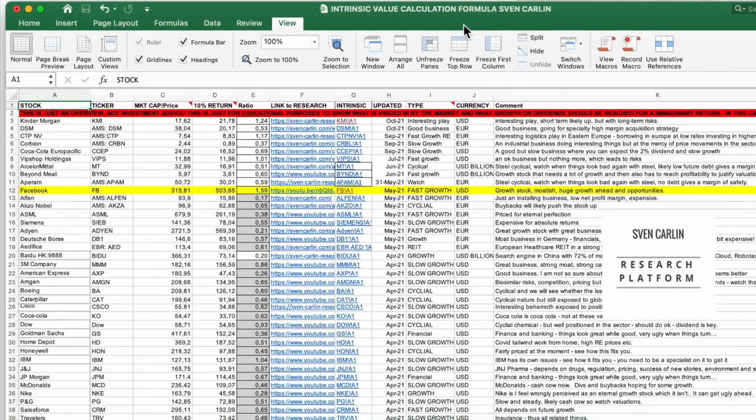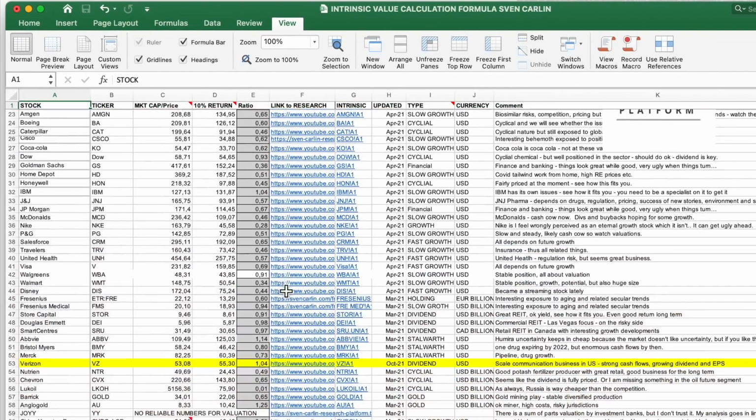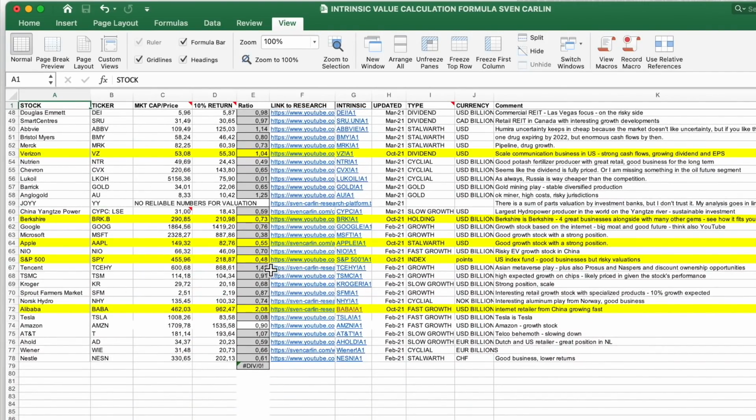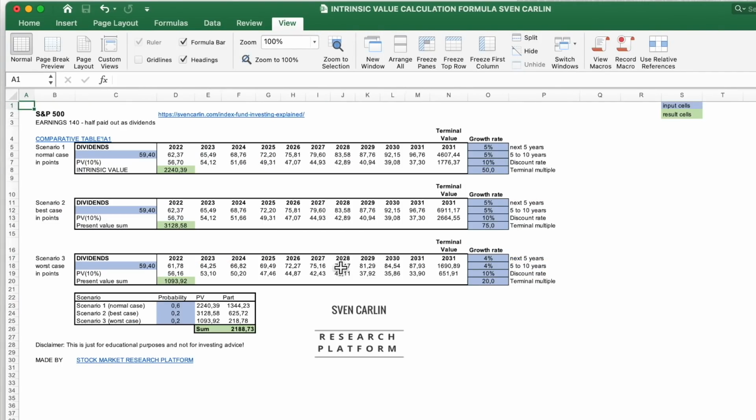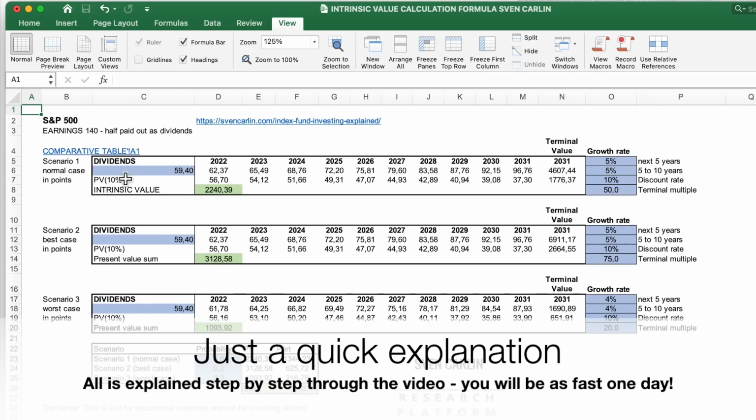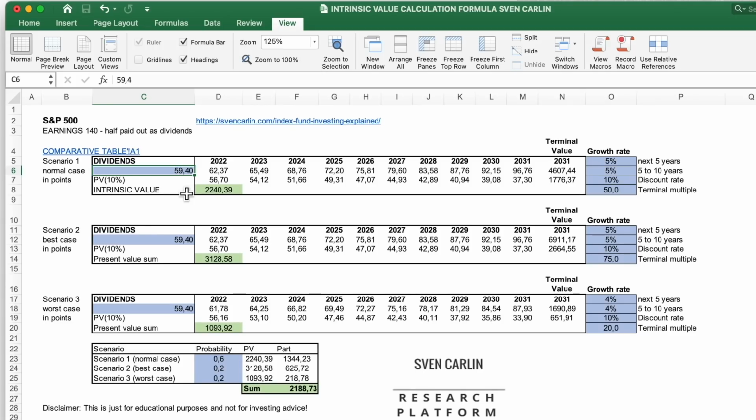So if we go to our template that you can easily download, let's do this for the S&P 500 as an example. If you Google S&P 500 dividend in points, you will get this number. If you Google S&P 500 earnings in points, you will get the earnings per S&P 500 share.